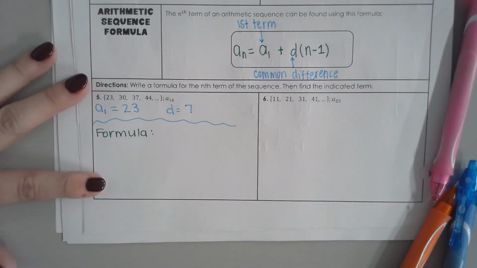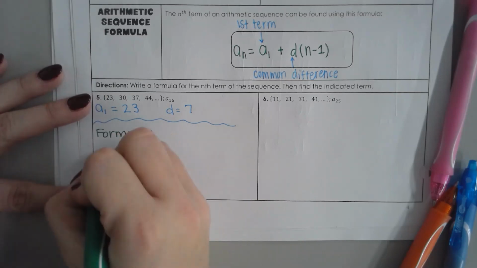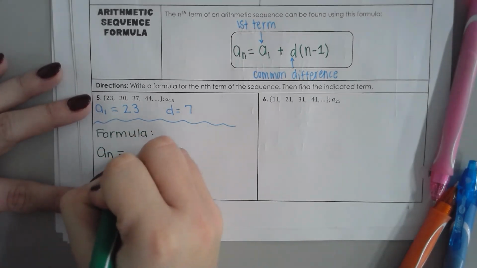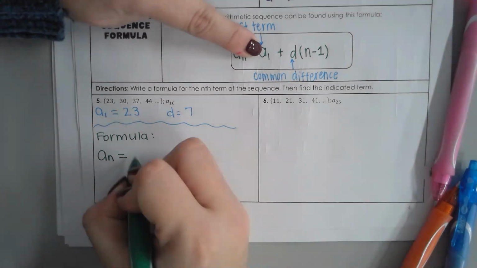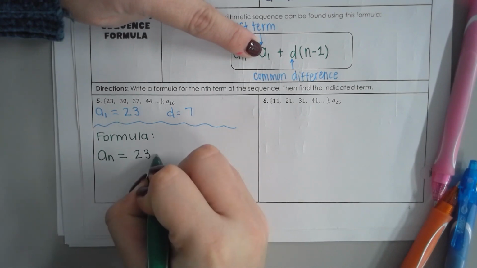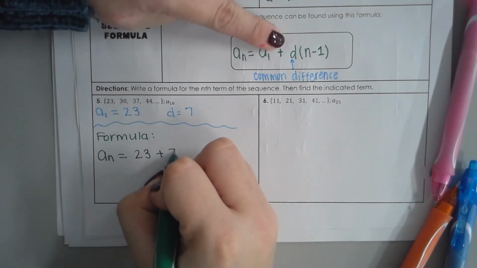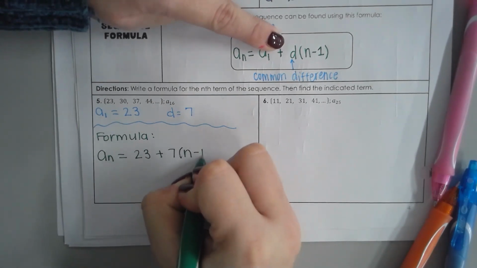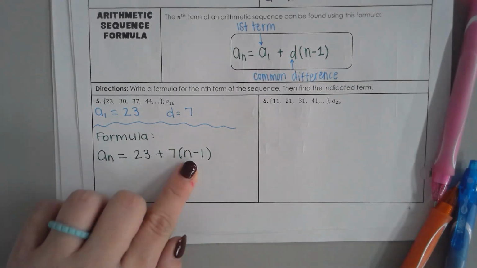To find my explicit formula, it's going to be AN equals A1, which we said was 23, plus my common difference, which is 7, and then in parentheses, I'm going to leave N minus 1. When you're asked to find a formula, N has to be there.